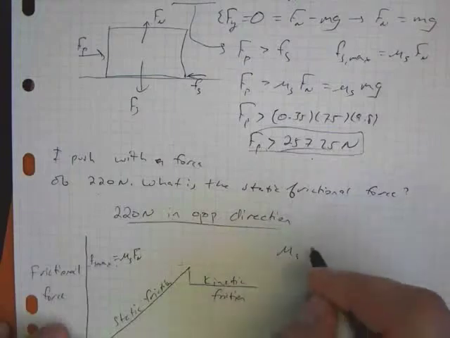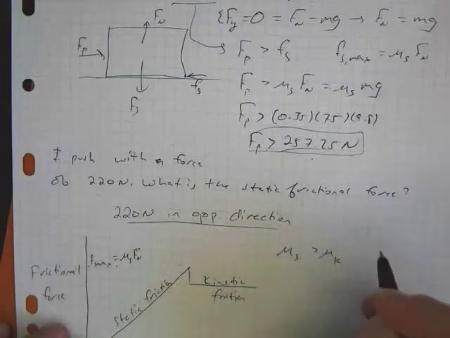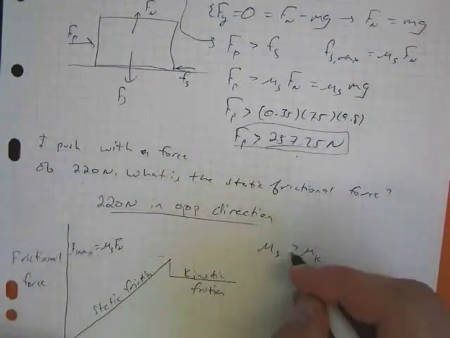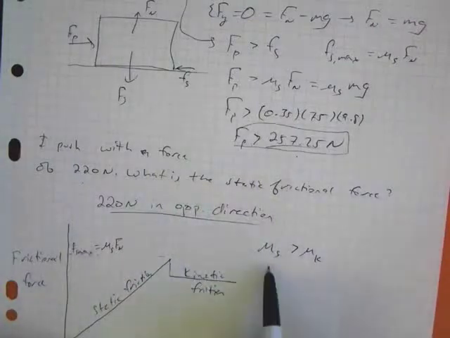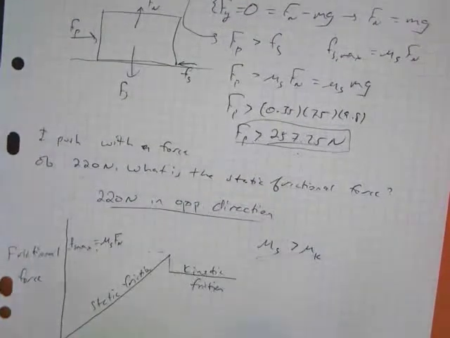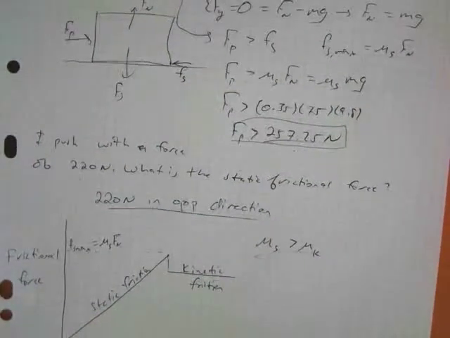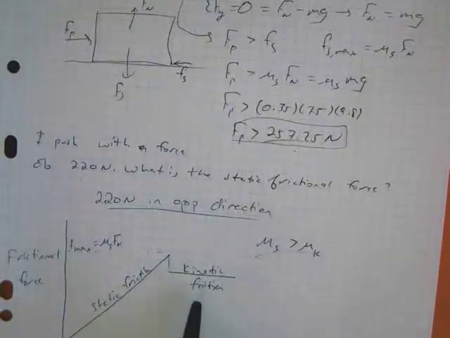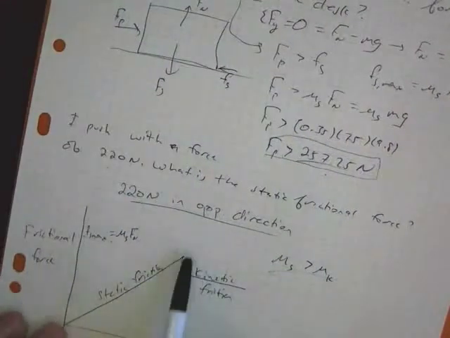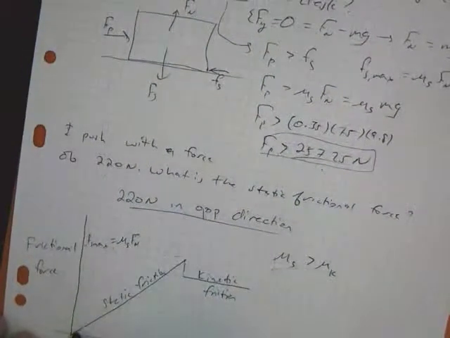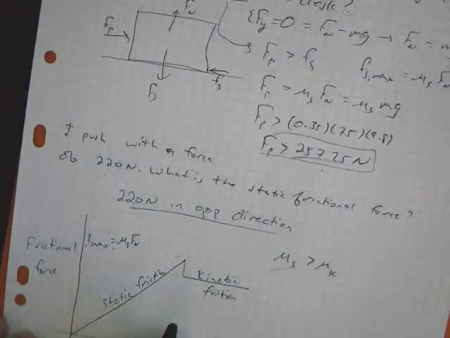Quantitatively, what that means is that mu s is always greater than mu k. Always. It always takes more force to get that object moving than it does to keep that object moving. And so as long as the object is moving, kinetic friction is equal to some value. The amount of force it takes to start that object moving is going to be greater than that, but static friction can take any value between 0 and that maximum static frictional force.